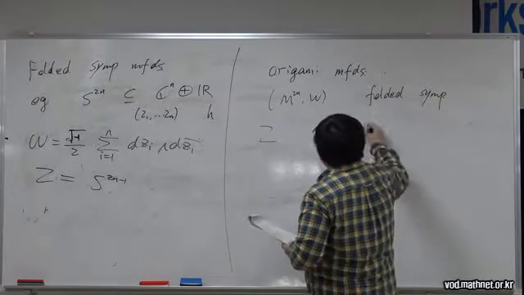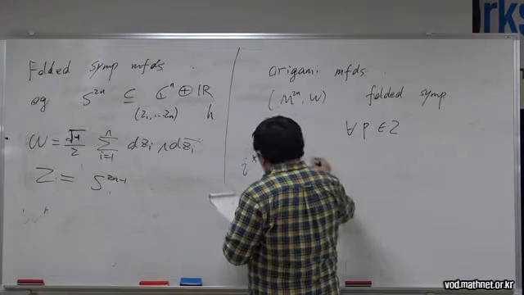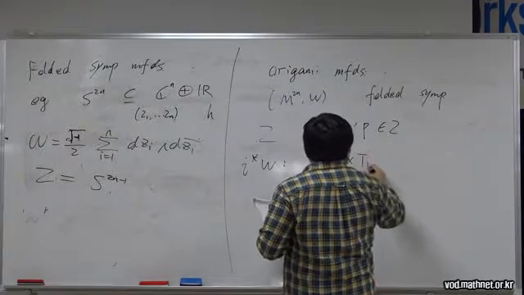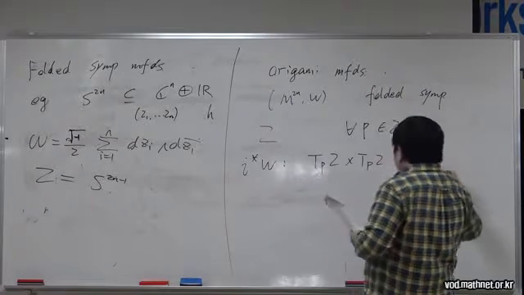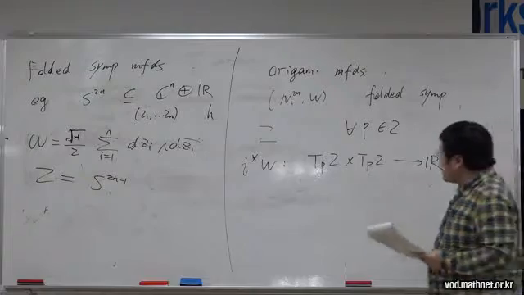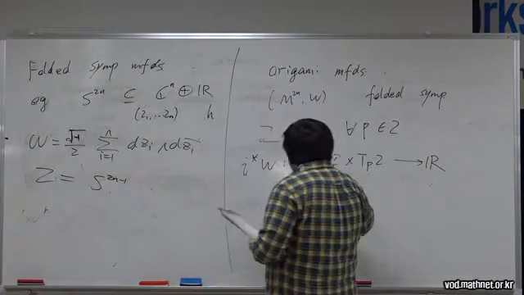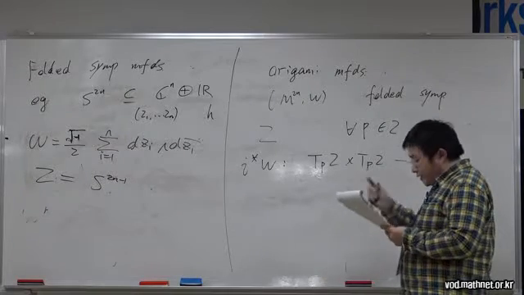Then for any p belonging to Z, we have a map. This gives you a one-dimensional corner. This can be seen from the local chart. So this is called the null foliation on Z.